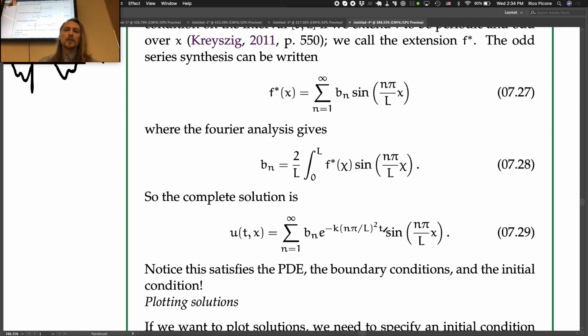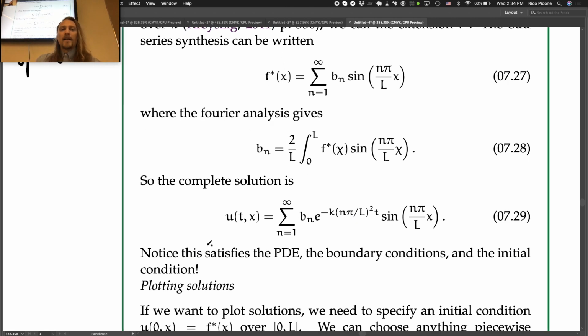So when t is equal to 0, this term goes to 1, and you have this sum of sine and Bn terms, and the Bn's are chosen such that we satisfy the initial condition over x from 0 to L. And it satisfies the PDE, it satisfies the boundary conditions because we used the eigenfunctions, and the initial condition.